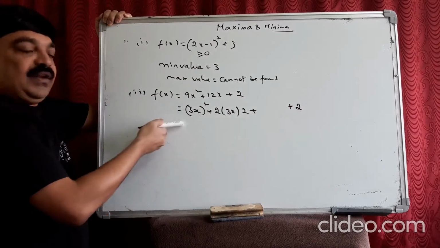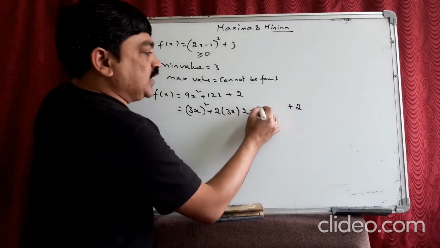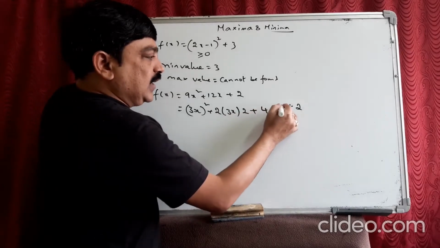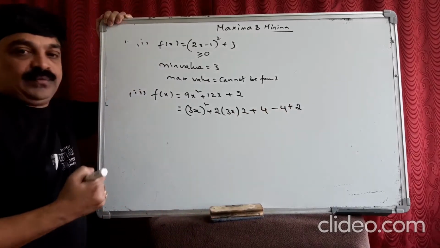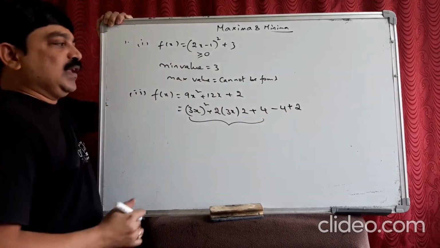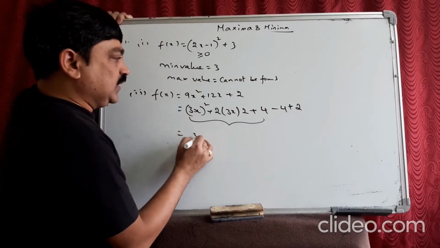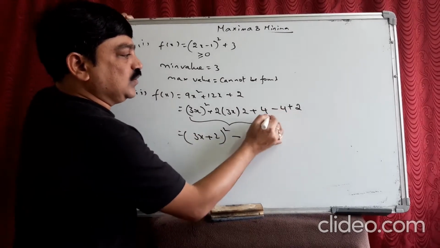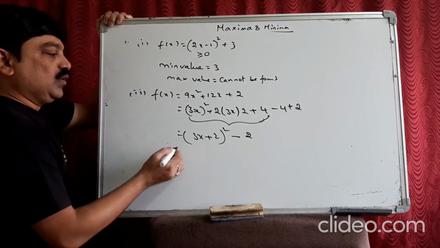Now this will become a perfect square when we add and subtract b square. What is b here? 2. So add and subtract 2 square. So till here it becomes (3x plus 2) whole square minus 2. Now it is a whole square.